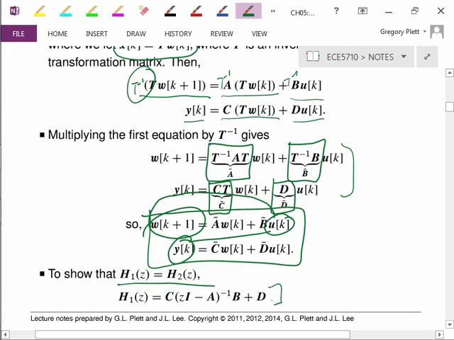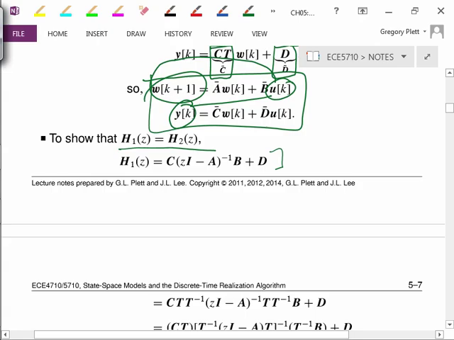That's the key point. We're going to do some math on this to show that we can manipulate this to use the A bar, B bar, C bar, D bar matrices instead, which would give us the H2 form. First step, I am going to multiply by an identity matrix right there and by an identity matrix right there.